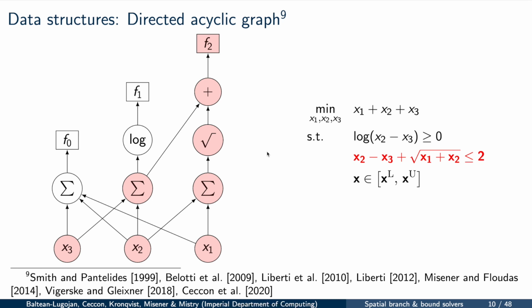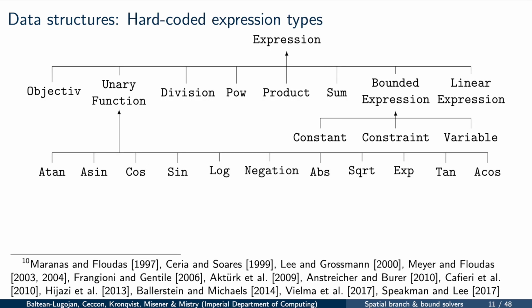One of the things that you'll notice here is that in a directed acyclic graph, we're going to reuse structures as much as possible. So for instance, both F1 and F2 share this x2 minus x3 term, and they share this node as well. What we also are going to tend to do is use these hard-coded expression types.